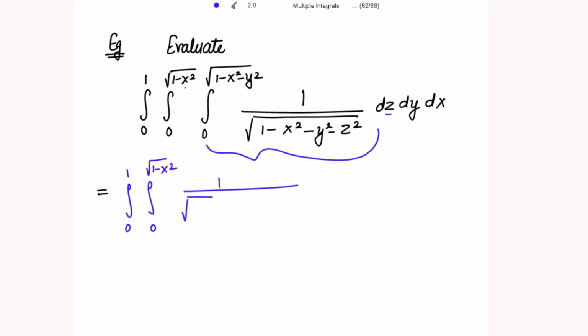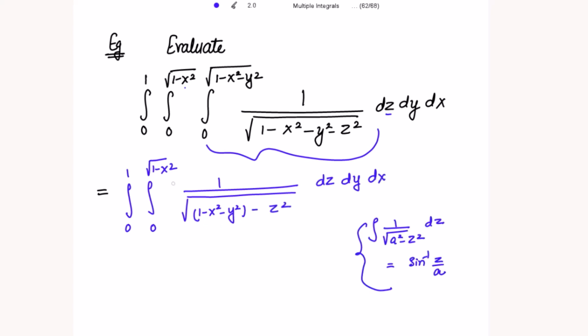So can I write this 1 minus x square minus y square, taking this together, minus z square dz. I have not integrated. I have just first taken these two, 1 minus x square minus y square, together, and now I am integrating this by using this result.